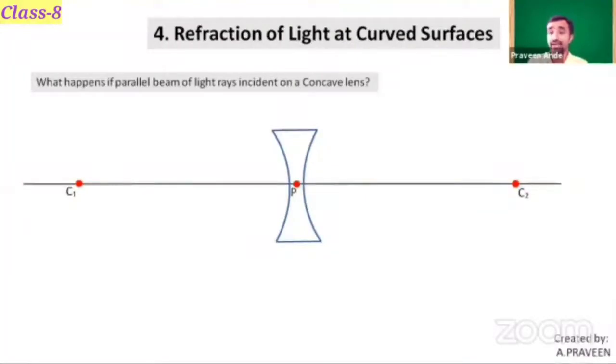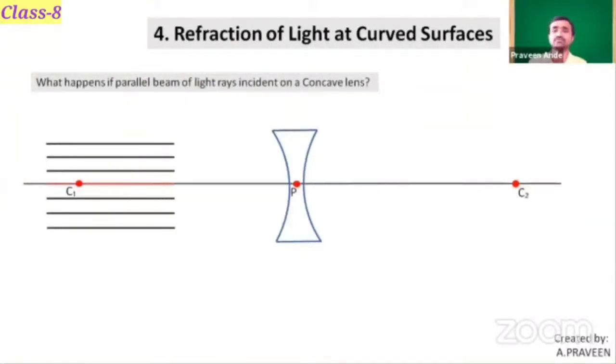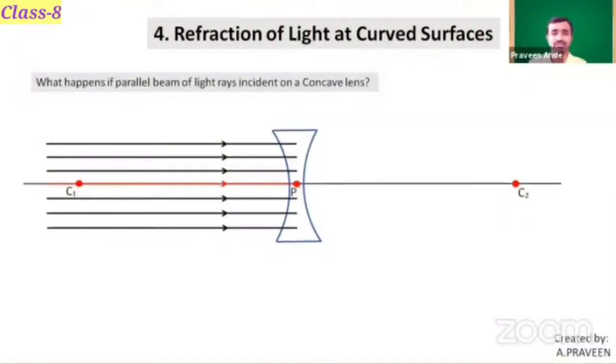Then incident the parallel beam of light rays, which is parallel to the principal axis. I am stressing this. Carefully listen: a parallel beam of light rays, parallel to the principal axis. So what happens when light rays are incident on a double concave lens? To understand this, we will use the previous 9th class knowledge about the behavior of light rays after refraction from the second surface.